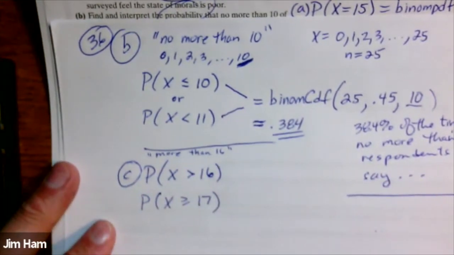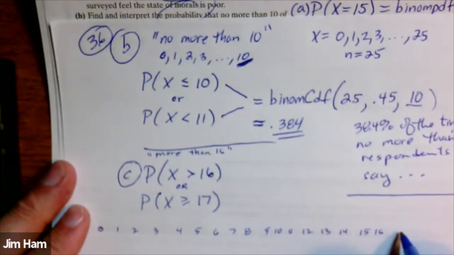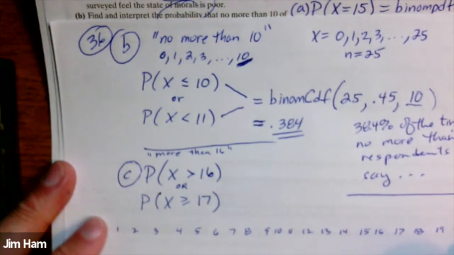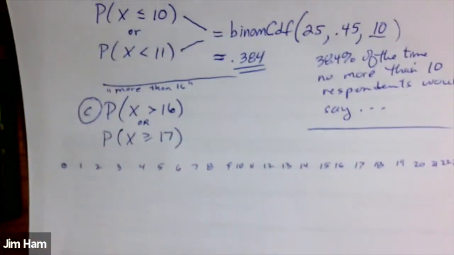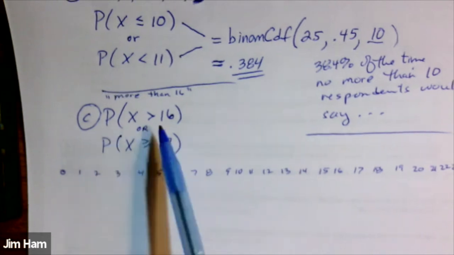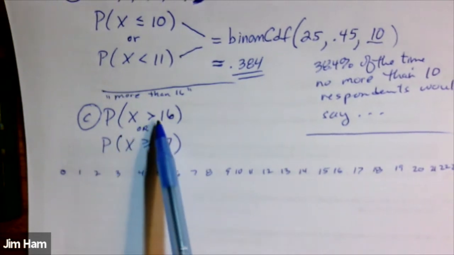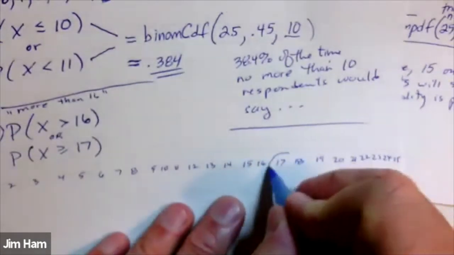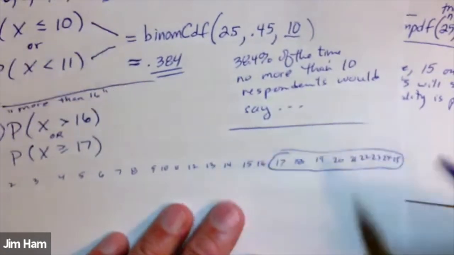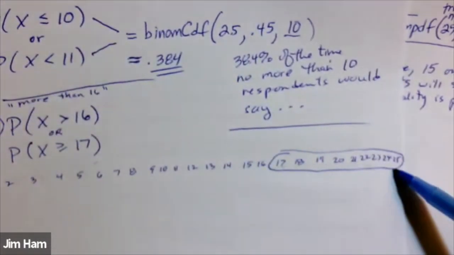You might think this is silly, but if you want to try to figure out PDF, CDF, I would recommend doing this. 21, 22, 23, 24, 25. Right, there they are. And then for each one of these probabilities, circle the values that correspond to the probability. So x greater than 16 or x greater than or equal to 17, you want to add up all these probabilities, the probabilities at each one of these x values.